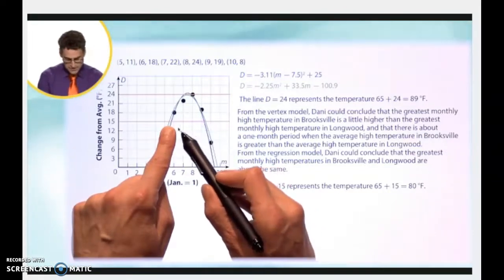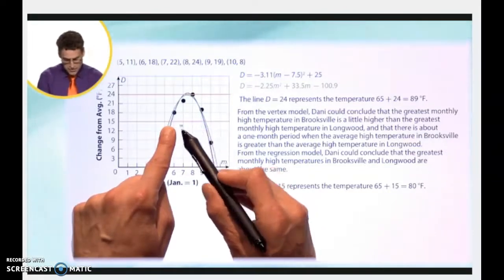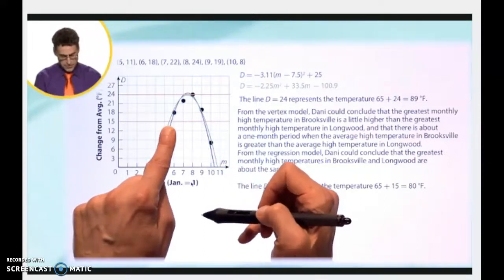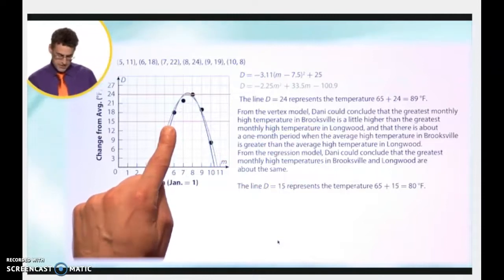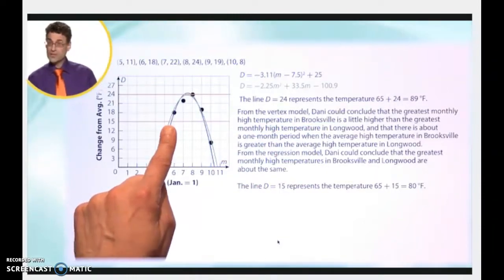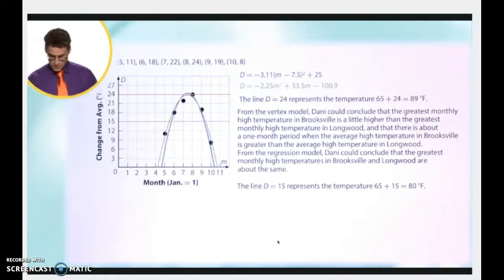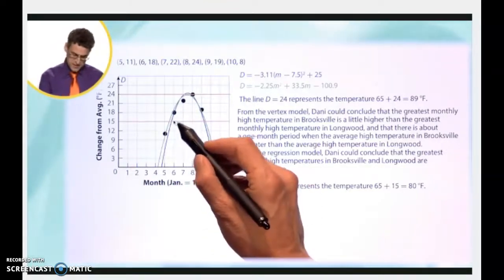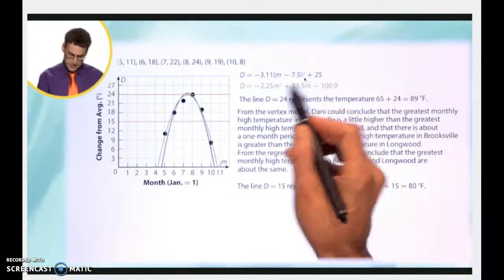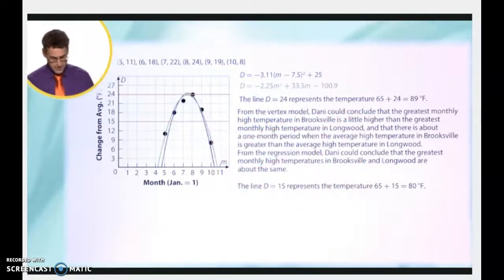So maybe it's like 3 months and 2/3 of a month. So for 3 and 2/3 of a month, the temperature is 80 degrees or higher. So that's about 100 days, or 110 days, actually. So we see that 110 days is predicted by the blue model that we would have temperatures of greater than 80 degrees.